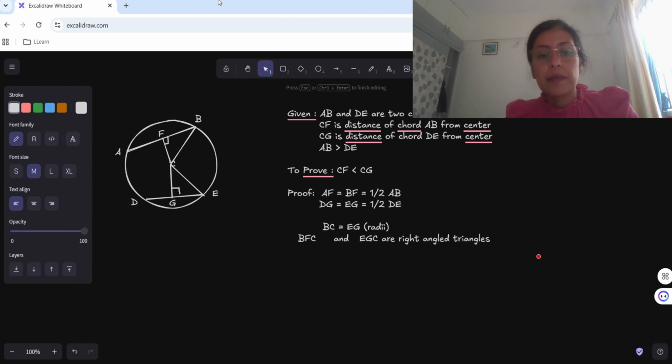These two triangles are right angle triangles. Now, in case of a right angle triangle, what can we apply? We can apply the Pythagoras theorem. What is the Pythagoras theorem?